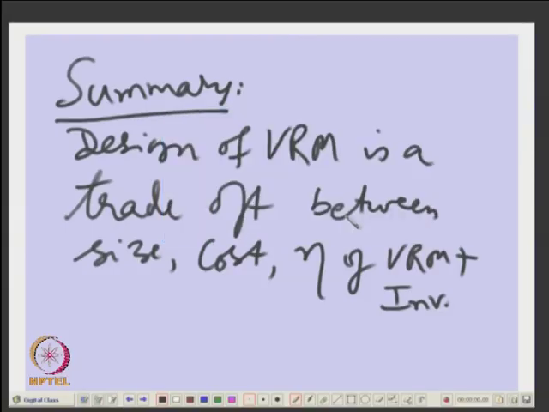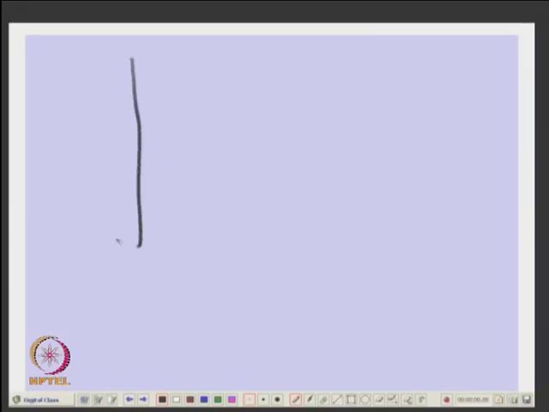And you are aware that the critical issue is what path it will take in this lambda I curve, okay.